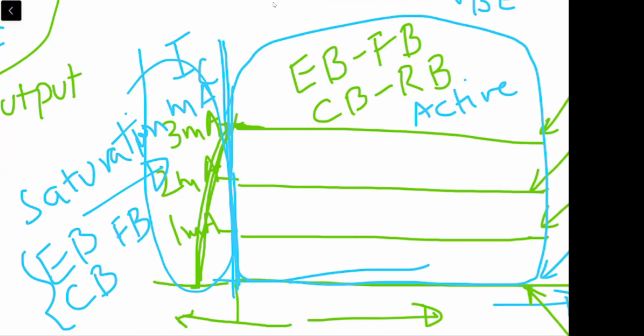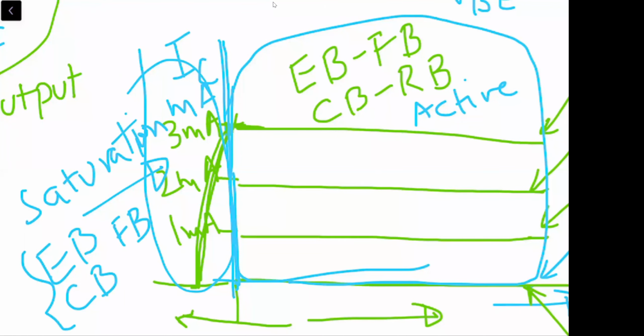Are you with me? Yes, sir. So both junctions are forward biased, and that region of the curve is called the saturation region.